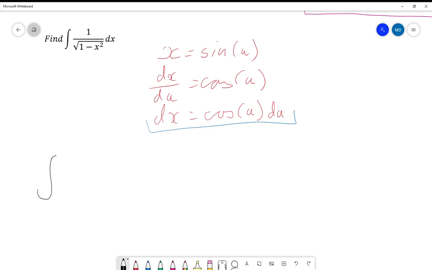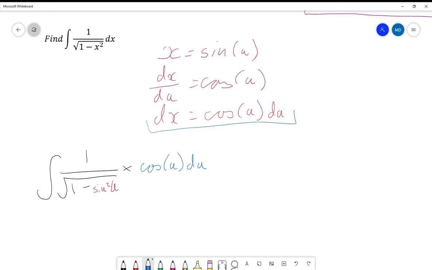You're going to get the integral of 1 over, and x was sine of u, so it's going to be the square root of 1 minus sine squared u, multiplied by, and we're doing that one in blue, cosine of u du. Brilliant.